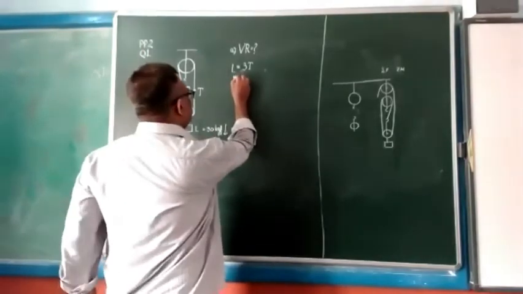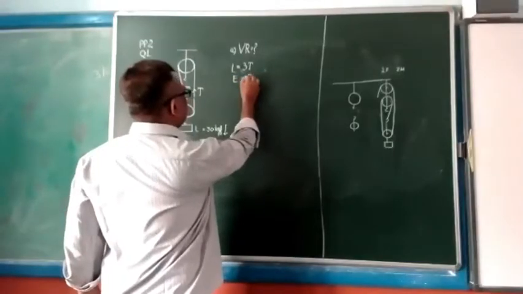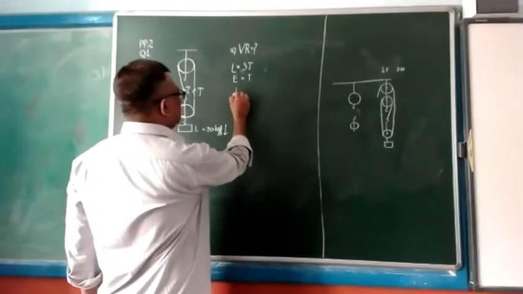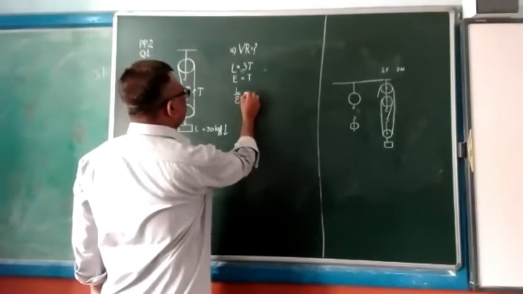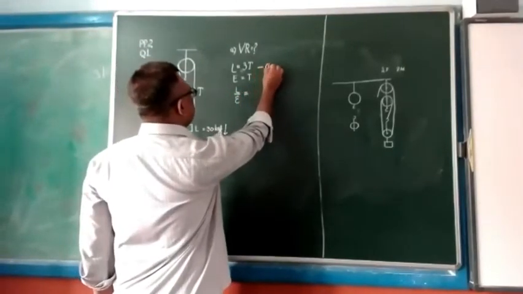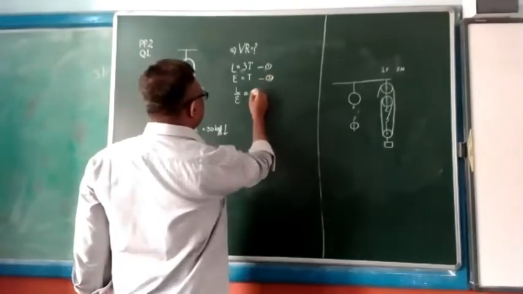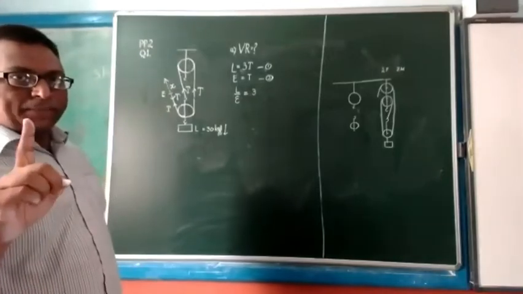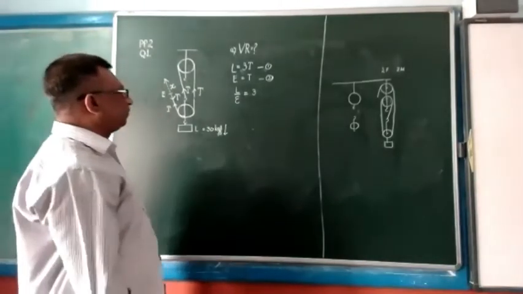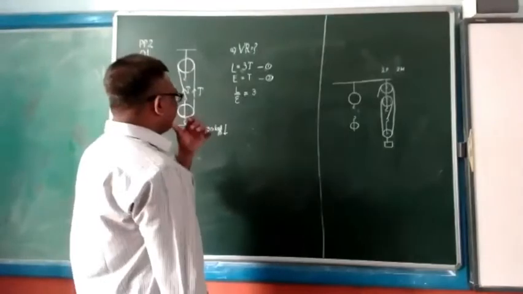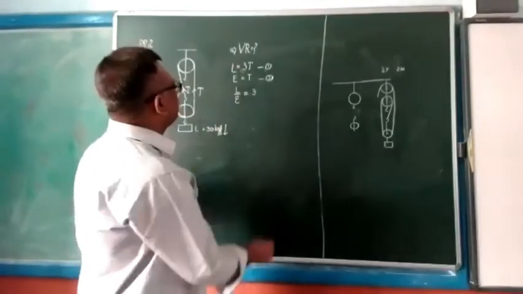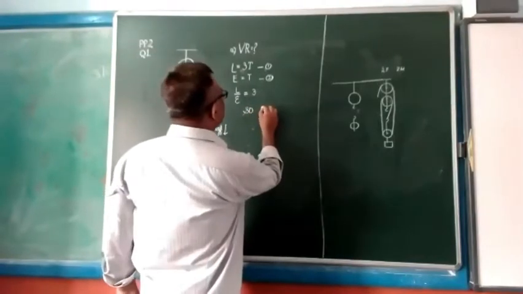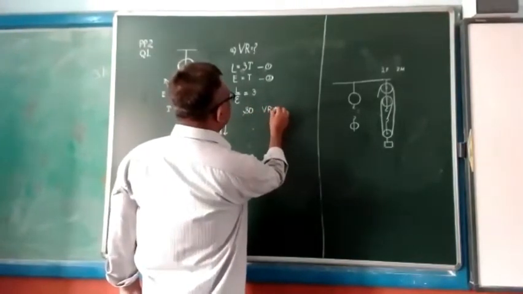So E equal to T. Clear? So again you divide equation number 1 by equation number 2. We get L upon E equal to 3. Clear? So what is our velocity ratio? So velocity ratio is 3.